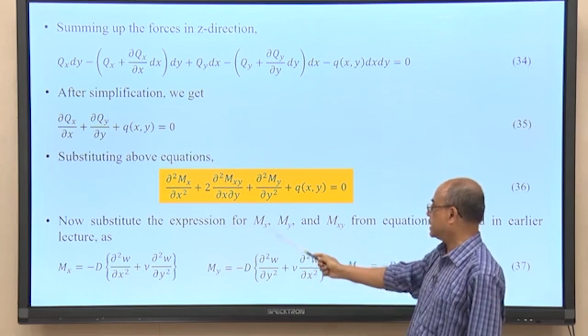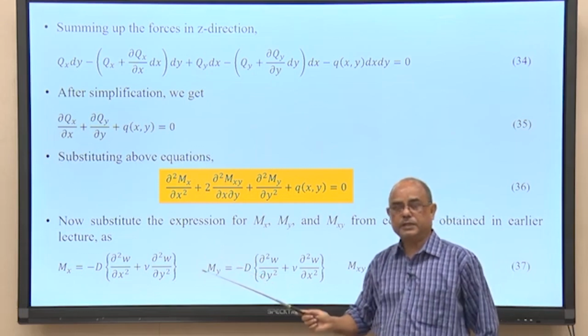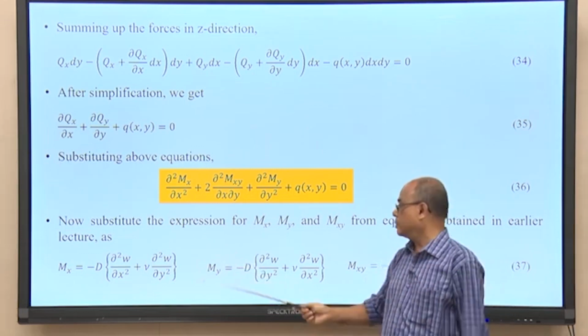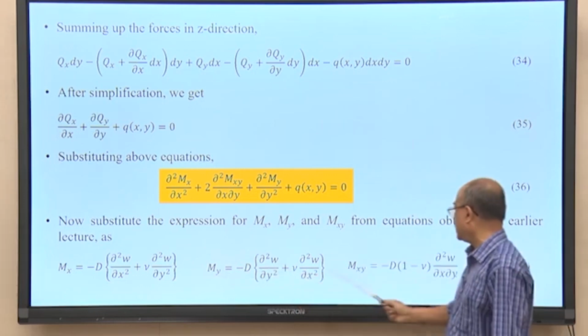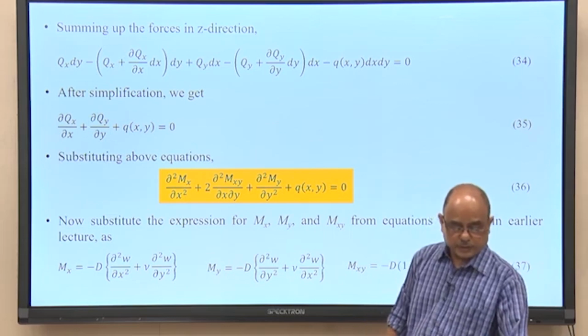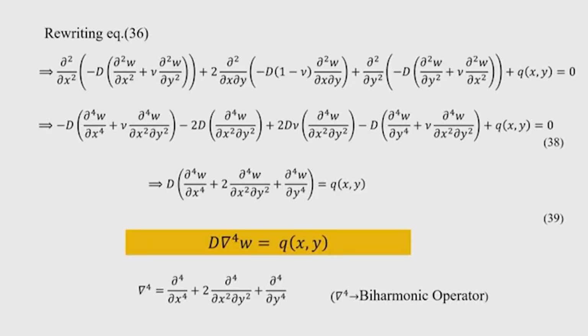Now, substitute the expressions for Mx, My and Mxy that we have obtained in terms of displacement and their derivatives. If we substitute them in this expression, then we will obtain the very well known plate equation in this form.